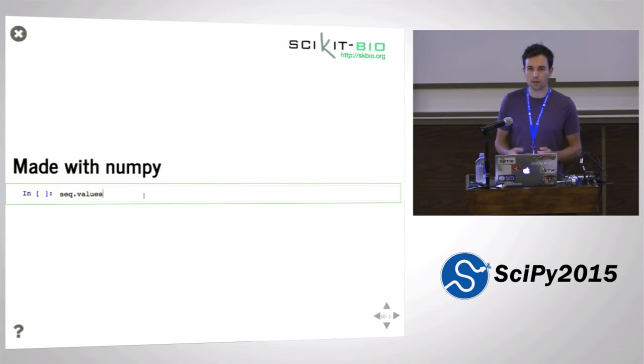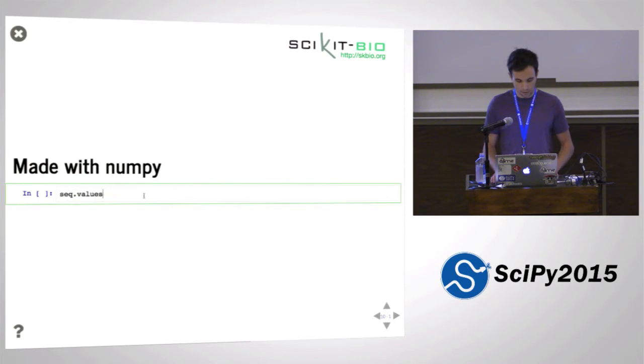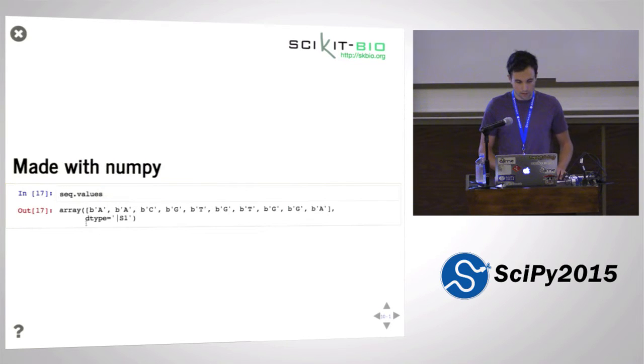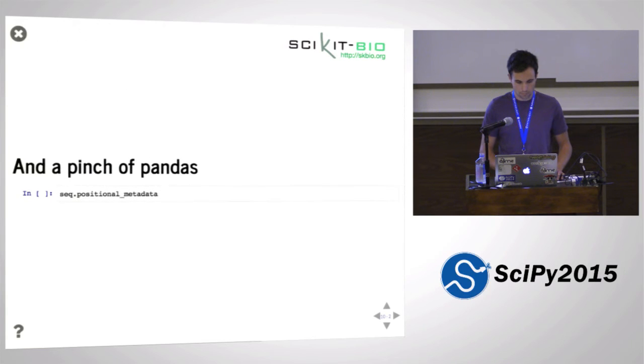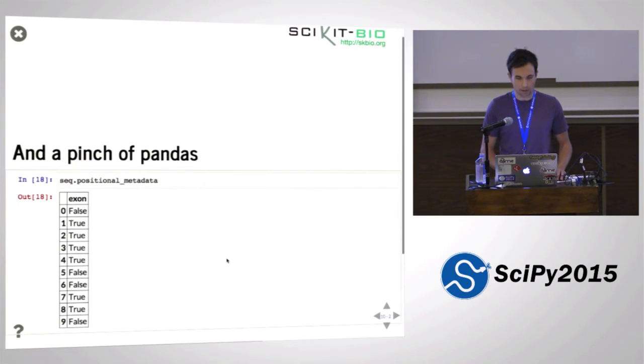Sequences, internally, they're backed by NumPy, and you can get at the underlying NumPy array by calling .values, which is kind of similar to how you would get at the NumPy array of a pandas data frame. So you can see we get the NumPy character vector back. The positional metadata is stored as a pandas data frame.